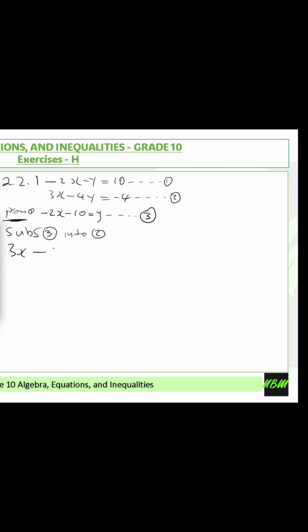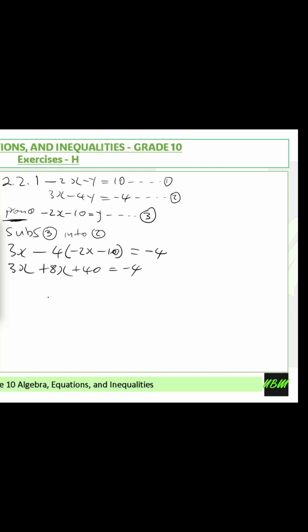So let's go to equation number 2. 3x - 4y, but where we see y, we are now going to substitute -2x - 10, and then it equals -4. Then we solve for x. 3x, multiply out the bracket, -4 times -2x is 8x, -4 times -10 is positive 40, equals -4.